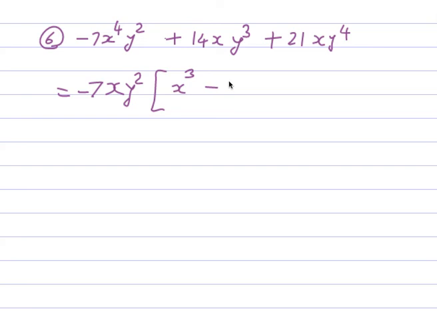So 7 times 2 is 14, x already taken, y square, so just 1y left. Now here negative because of the sign change. 7 times 3 is 21. X already taken out, y to the power 4, here y square taken out, so just y square left, and this is our answer.